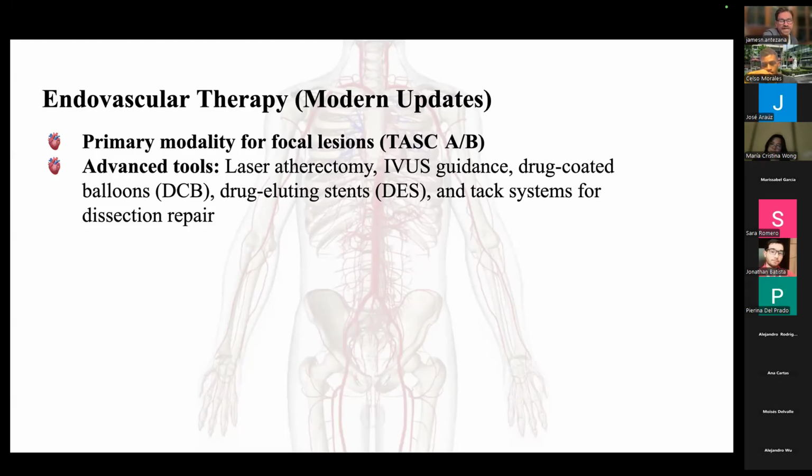We use intravascular ultrasonography to guide us in our efforts of clearing plaque burdens within the wall and to determine the size of stents that we're going to introduce, as well as the use of drug-coated balloons that deliver these chemicals that prevent neointimal hyperplasia from forming.